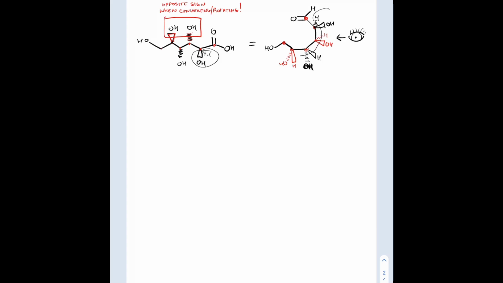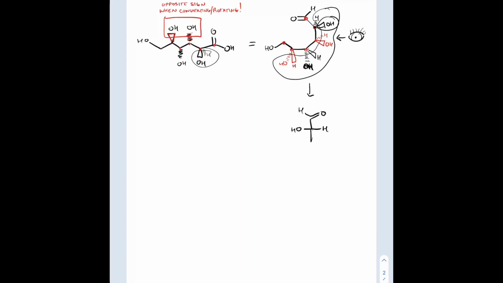And so now what we have to do is put ourselves in that position. All of the wedges, when they're projected to the right like that, are going to be on the left. And then all of the dashes are going to be on the right in those horizontal bonds. Okay, so we start with the aldehyde on the top. The first OH is on the left.